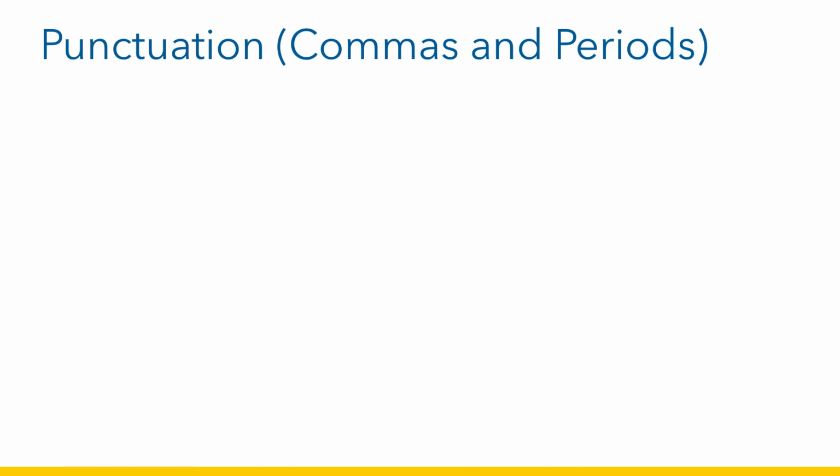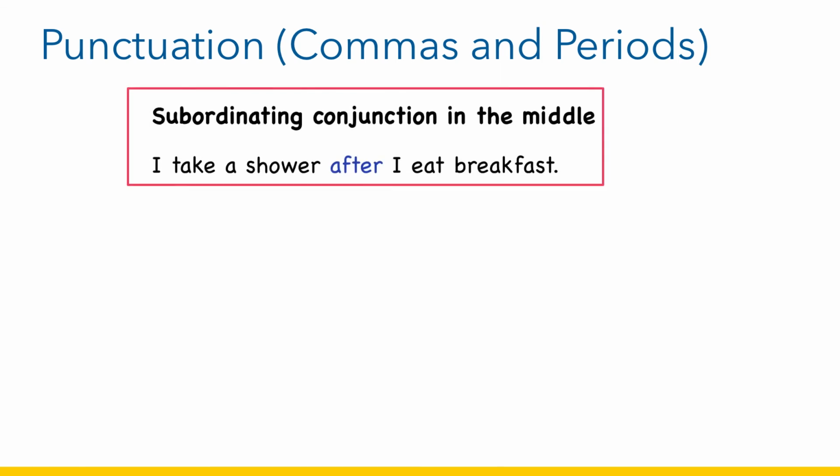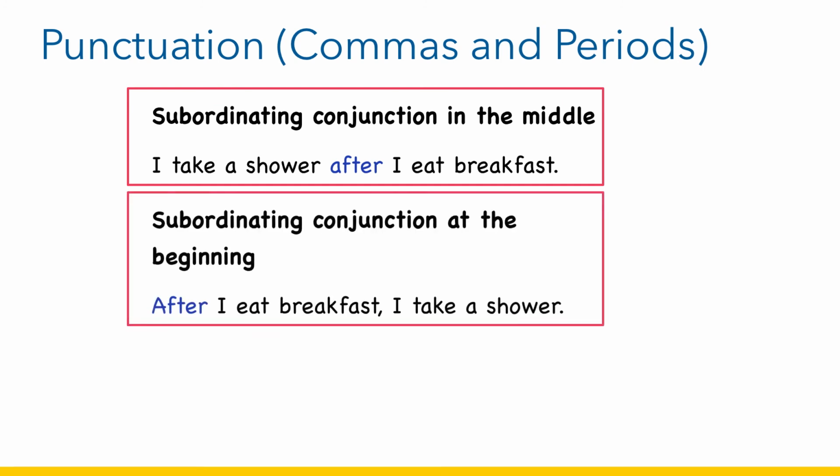Finally, check your writing for punctuation. That's commas and periods. Remember these rules that we learned. When subordinating conjunctions are in the middle of two clauses, we don't need a comma. When a subordinating conjunction starts a sentence, we need a comma after the first clause.